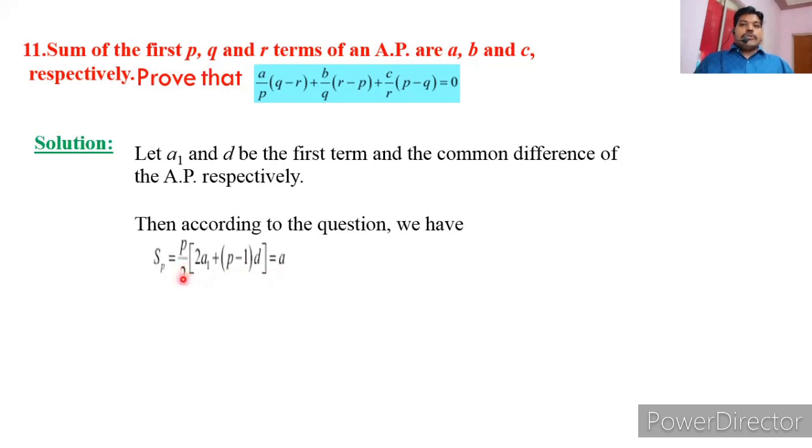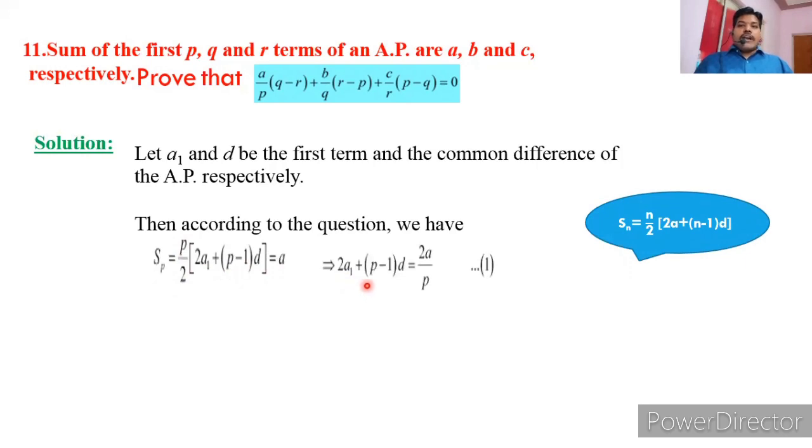So take the 2 to this side, it will become 2a, and take the p to the denominator. Then what you will get? 2a1 plus p minus 1 into d is equal to, take the 2 to the numerator 2a and take the p to the denominator, it will become 2a by p.